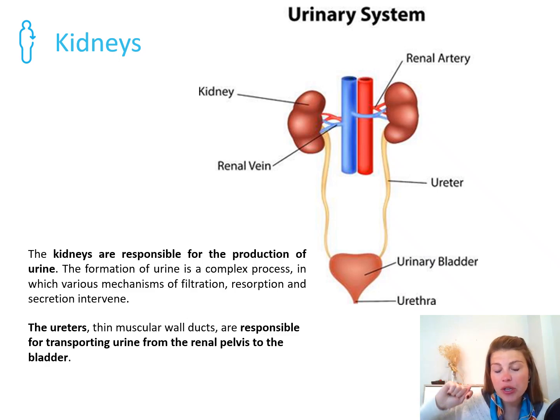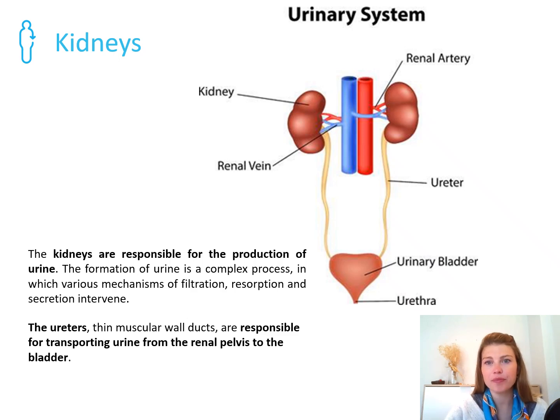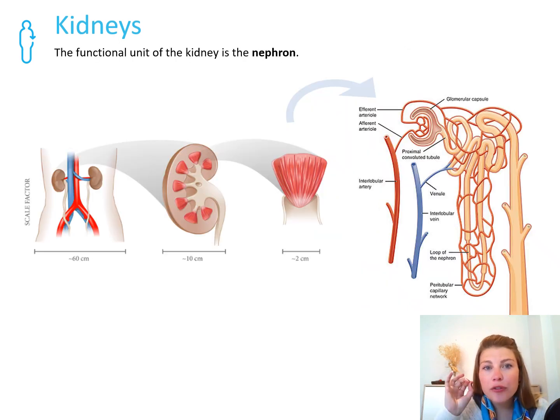The ureters are thin muscular wall ducts, and they are responsible for transporting the urine from the renal pelvis in the kidney to the bladder. The functional unit of the kidney is the nephron, those tubules in yellow that you can see on the picture on the right. This is where all the exchanges of ions and molecules are done.